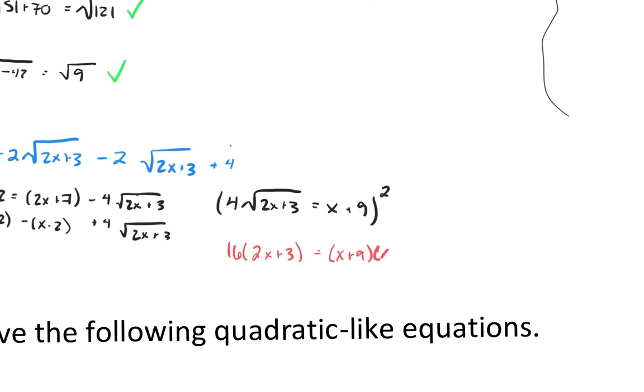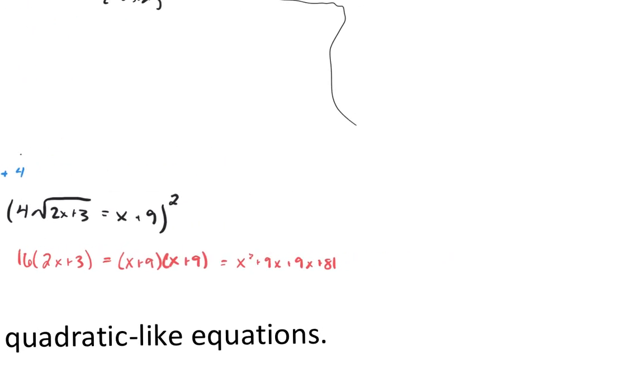Same as saying x plus 9 times x plus 9. Go ahead and FOIL that. So that'll be x squared plus 9x plus 9x plus 81, or x squared plus 18x plus 81.